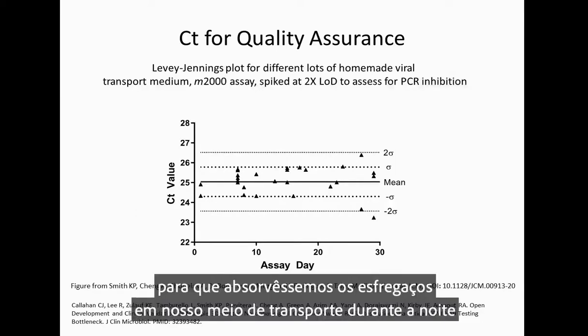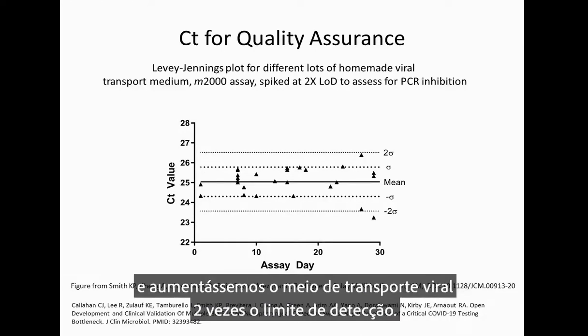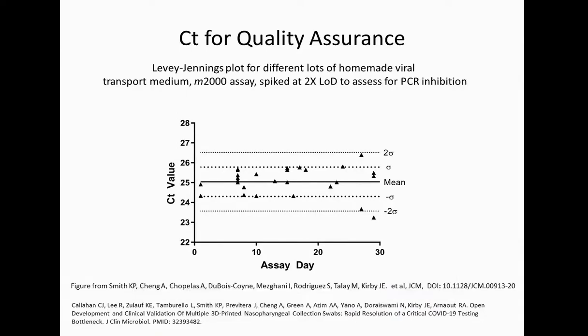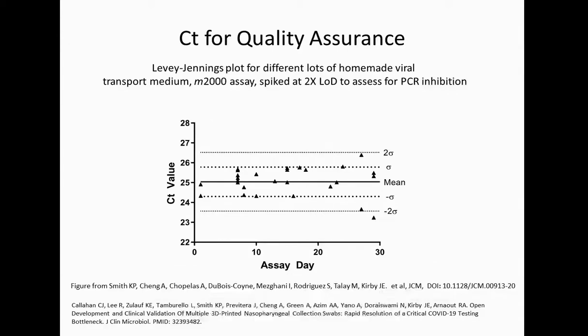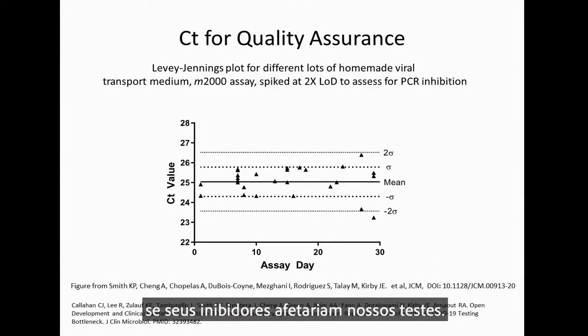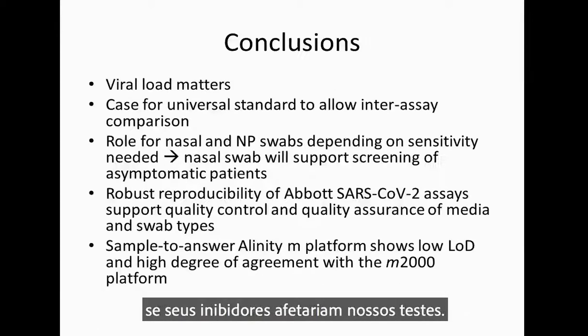So we would soak the swabs in viral transport media overnight and then spike the viral transport media at 2x the limit of detection. And again, look at CT values. So we were able to establish whether there were inhibitors that would affect our testing. So that was extremely helpful.